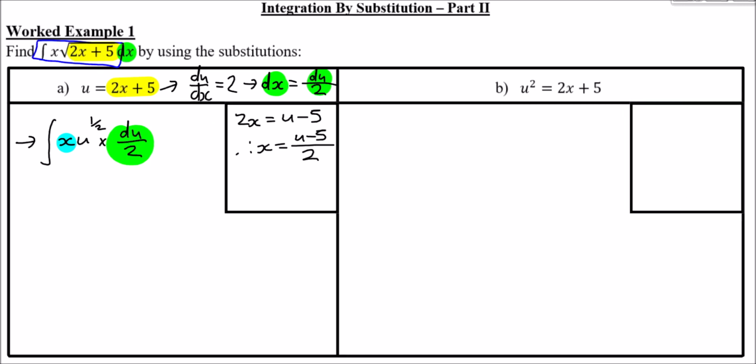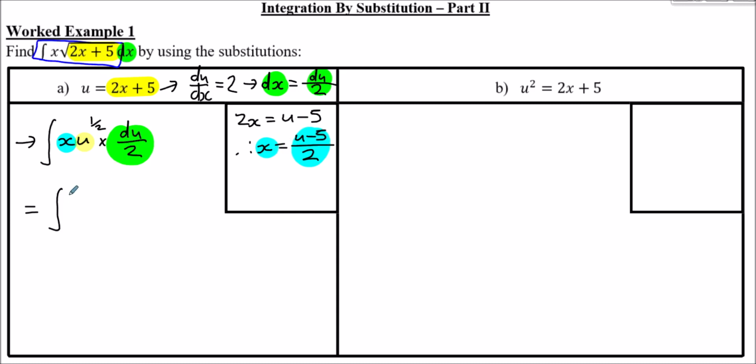But anyhow, now we know that x is u minus 5 over 2, we can change this integral so it actually will work absolutely fine. So we've substituted in for u, and now we can get rid of this x. So just doing it step by step first until you can see what's happening, and when you see what's happening and get used to it, then the fluency can come.